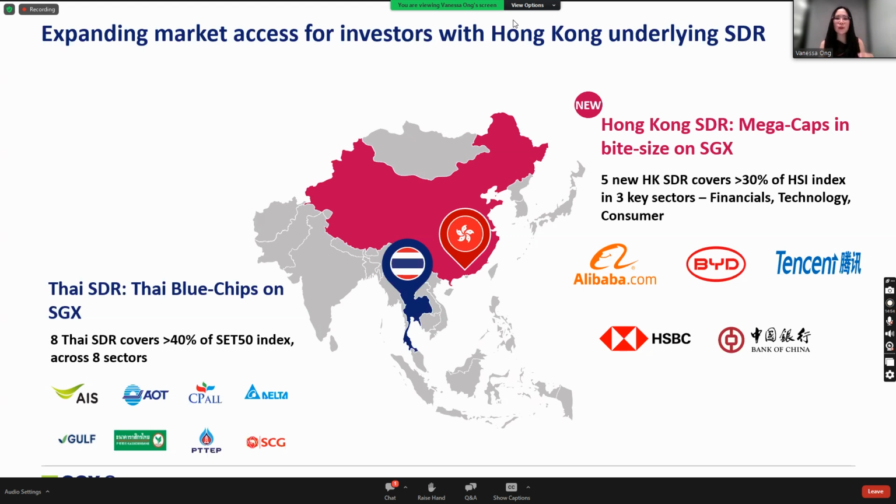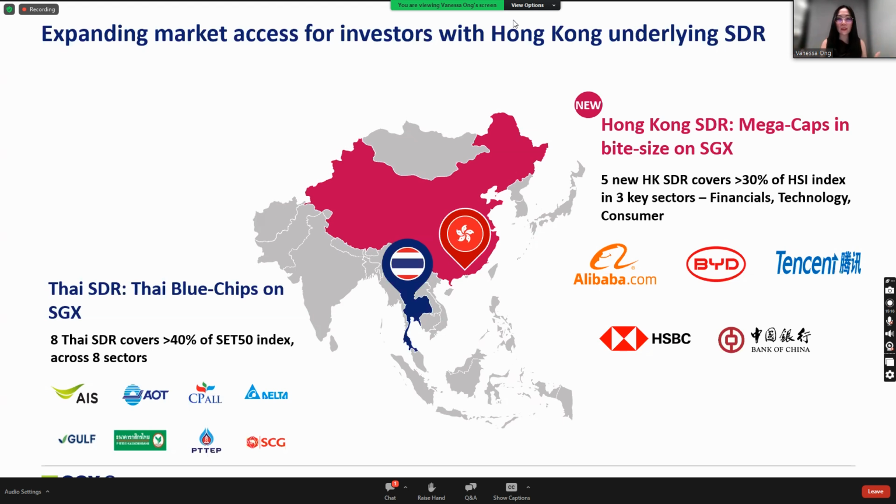So SGX has also carefully created these 5 names based on the feedback and the data points that we gathered from our first 2 batches of Thai SDRs. So one example is how we are launching not just 1, but 2 banks like HSBC and Bank of China on the back of investor interest in KBank.